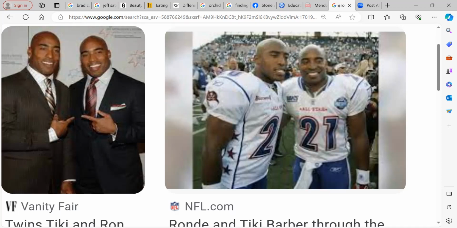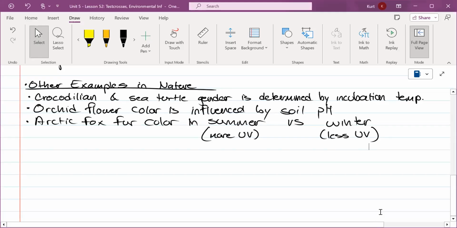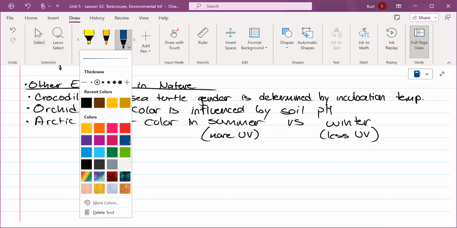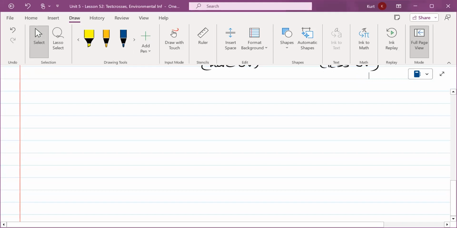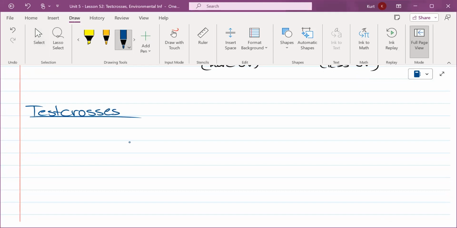Okay. All right. Let's switch gears now, everybody, to the second topic that is on your notes for today, and that's going to be test crosses. Now, you kind of had this before. What I'm about to say might sound familiar from a worksheet you had last week.